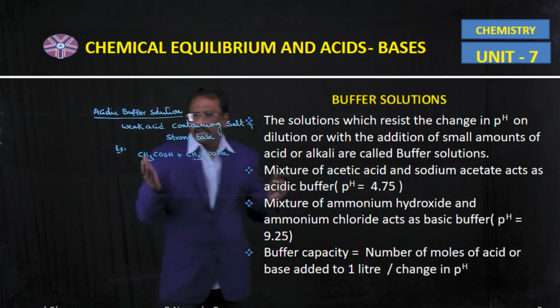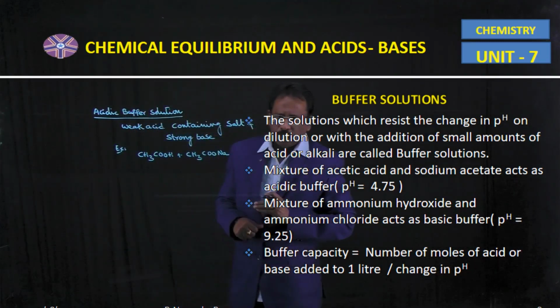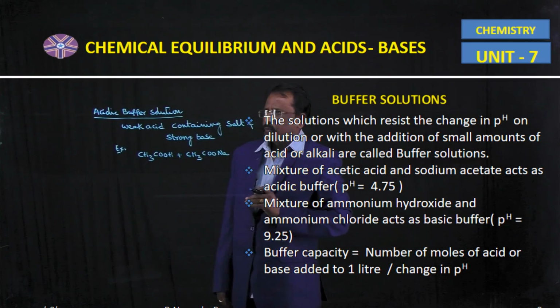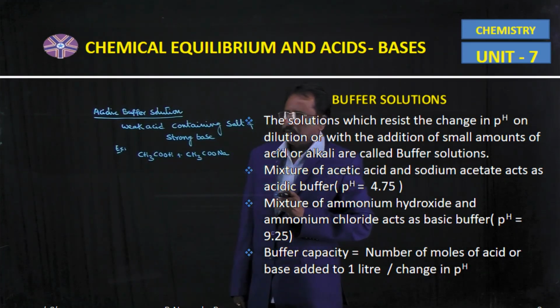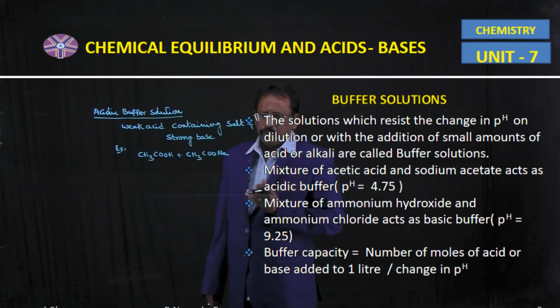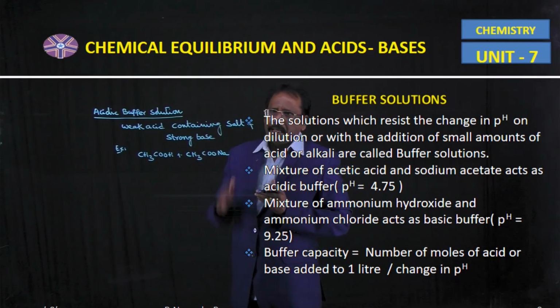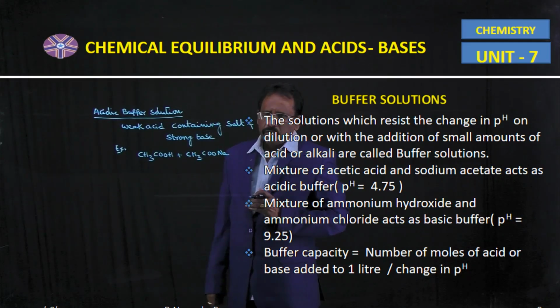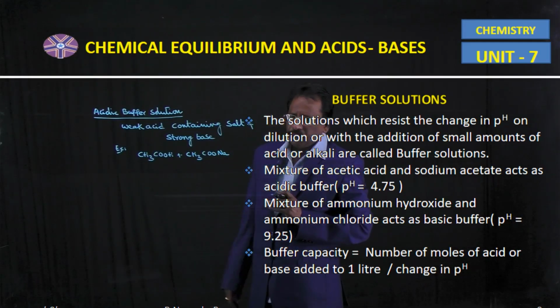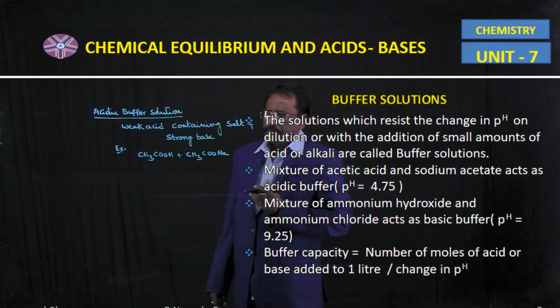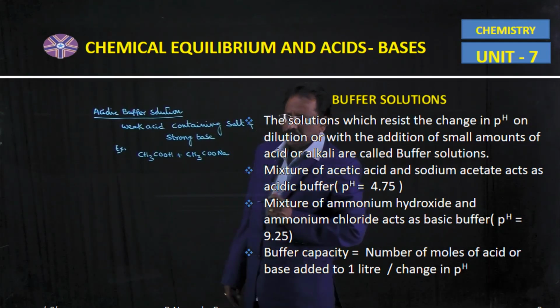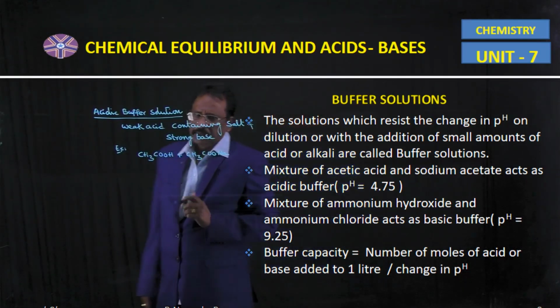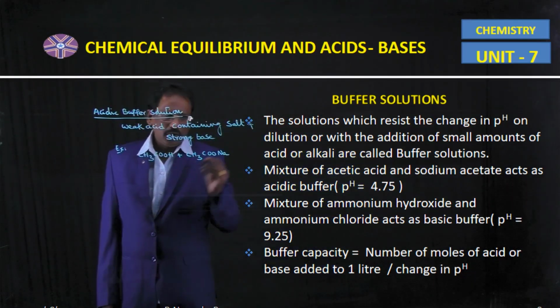So the mixture of these two is said to be acidic buffer solution. So acidic buffer solution contains weak acid and its salt of strong base. So the mixture of acetic acid and sodium acetate acts as acidic buffer solution.